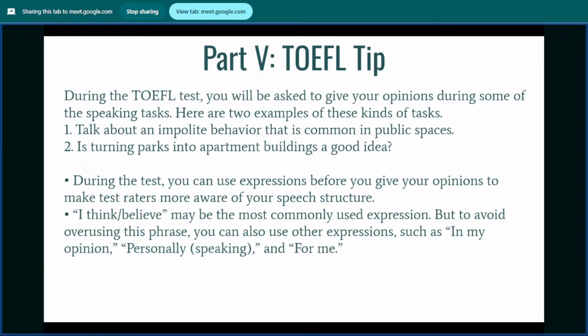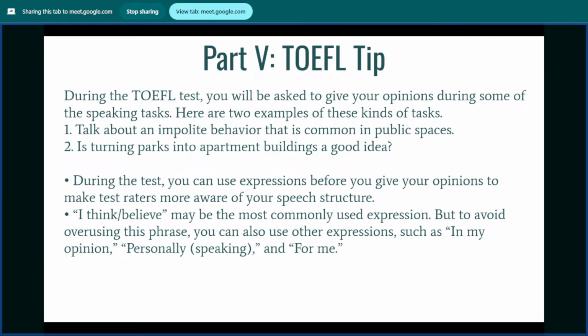Yes, please. So, in my opinion, turning parks into apartment buildings is a bad idea because parks are important public places where people can relax, exercise, enjoy nature, and feel the environment. It improves mental and physical health and creates a sense of community.